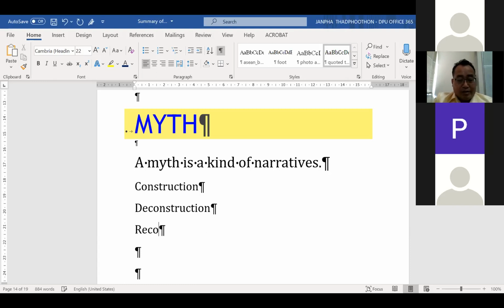Reconstruction. Reconstruction can be thought of as the word reimagination and the word co-construction.